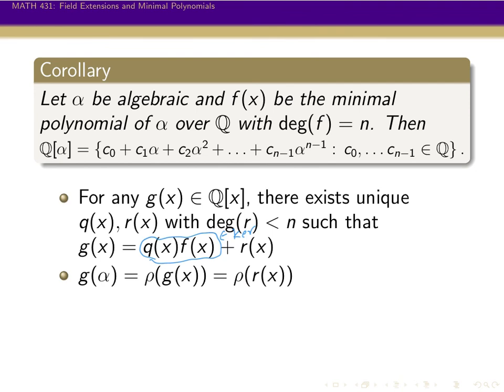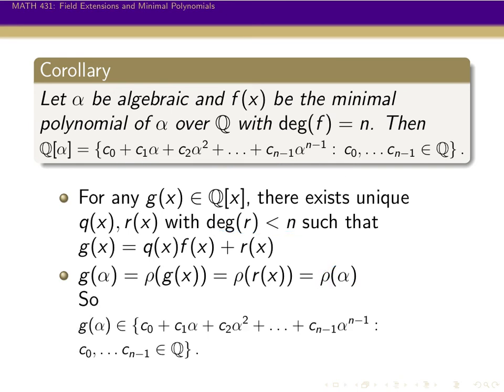So rho of G of x is going to be equal to just the image of R of x, which is R of alpha. So R of alpha has degree less than n, and that means that it looks exactly like that. So G of alpha is equal to R of alpha, and it looks exactly how we described it up above, because R has degree strictly less than n.